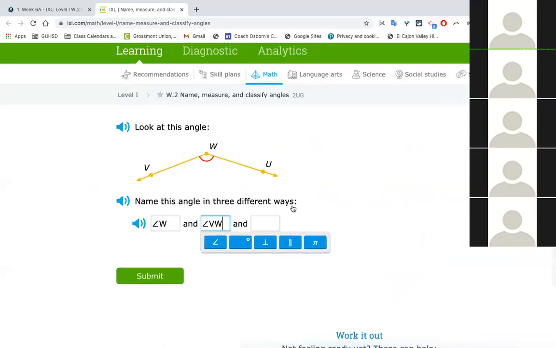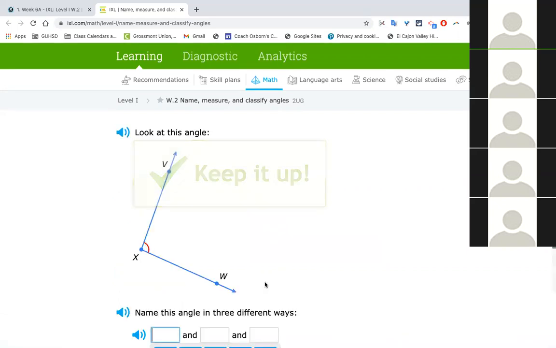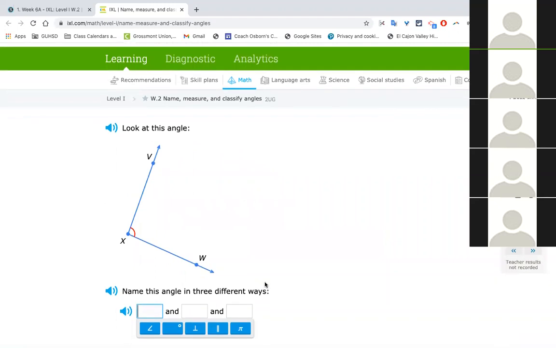Oh my gosh, sorry about that. VWU, or I can switch the letters, put UWV. Either way works. So this is where it's going to ask you to do 3 different ways. That's pretty much all the questions you're going to see with IXL for that first assignment. But again, that's how you name those.